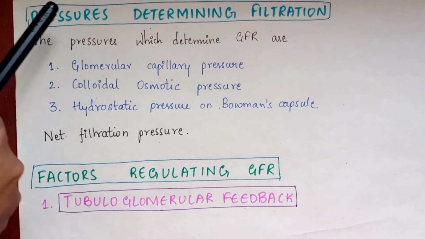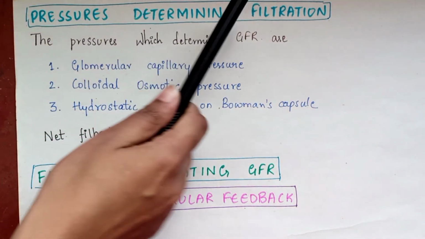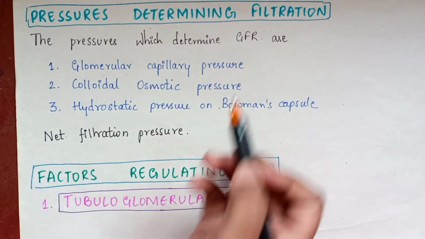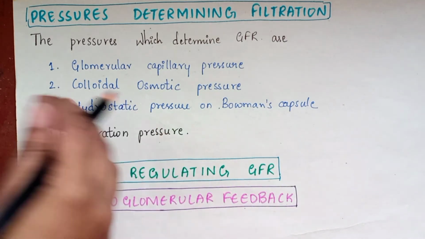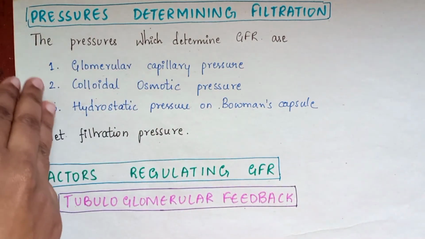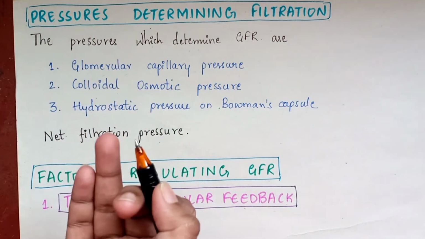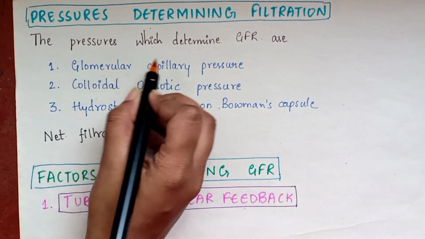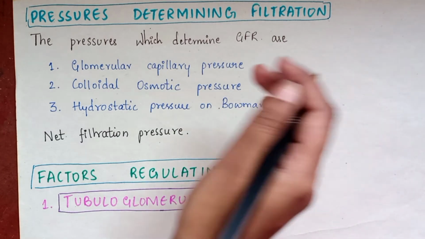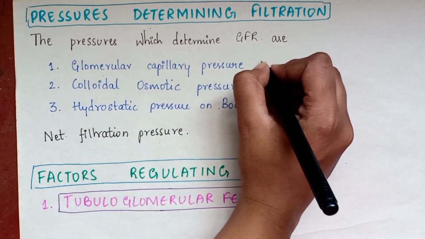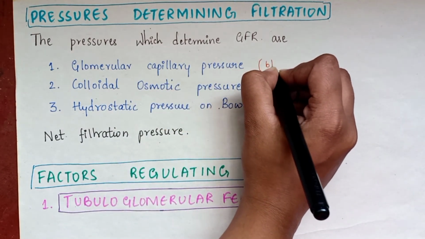Now what are the pressures we see in glomerular filtration and what role do they play? We will understand now. The pressures which determine GFR are as such: glomerular capillary pressure. The name itself suggests that it is the pressure of blood on the capillaries.